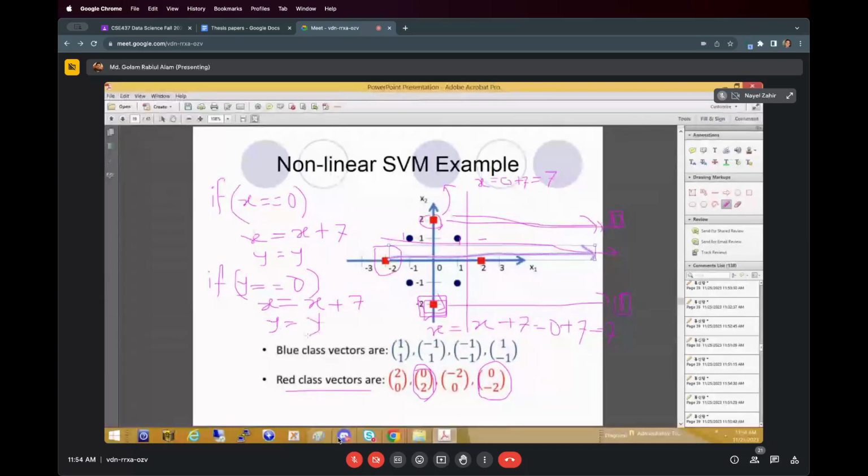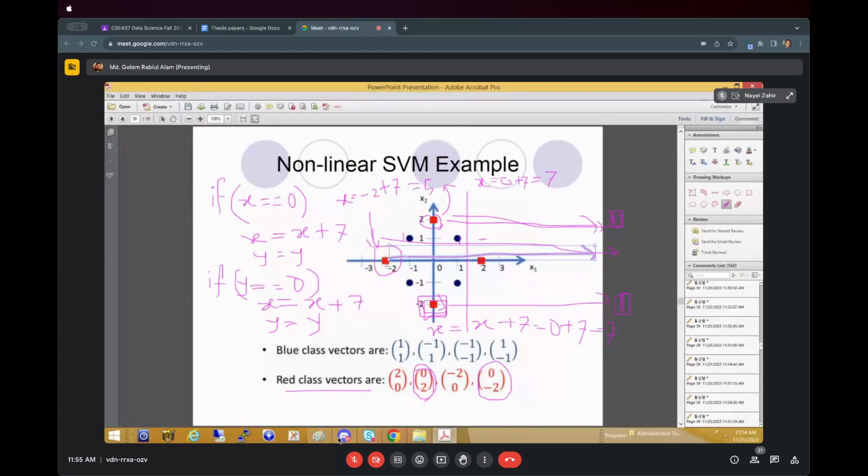So in that case, x equals x plus 7. Currently the x is minus 2, and plus 7, so it is now 5.